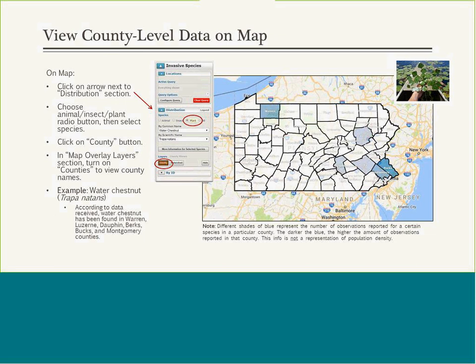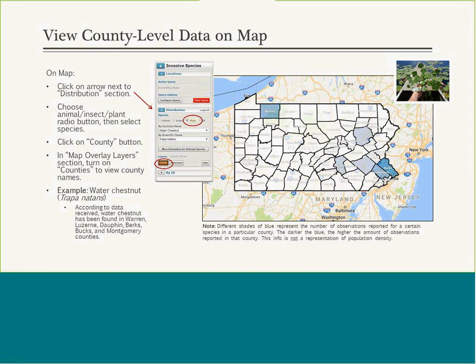So in order to do that, for this example, I'm looking specifically at which counties are being impacted by water chestnut. So in order to do that, on the map, you'll locate the area called distribution. From there, you'll see there's different radio buttons that you can choose, either animal, insect, or plant. So because we're looking at water chestnut, I want to click on the plant radio button.